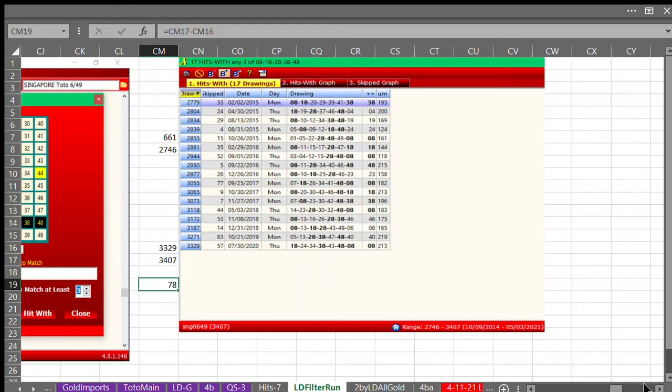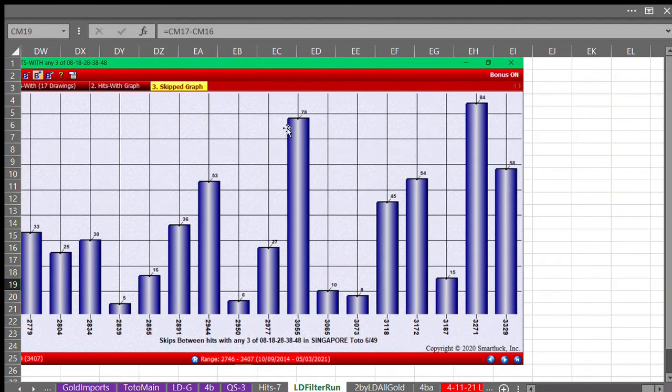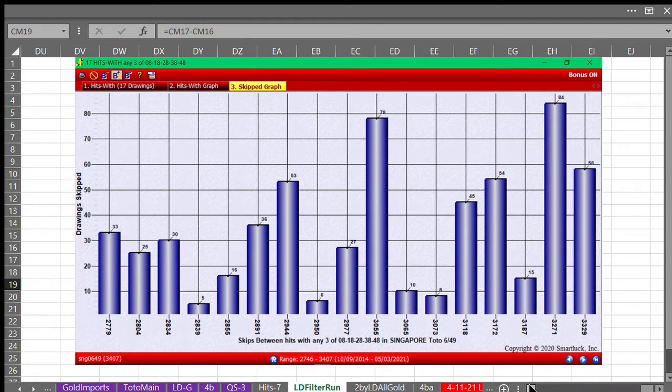So if you look at the current skip over here, 78. But remember, this is a 77 because it doesn't show a 0 skip on this graph. So you're very close, right? If the trend is truly your friend. Now I can't guarantee it, but this is where I set my limits when I wager.